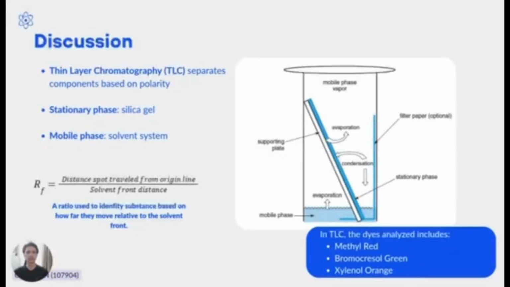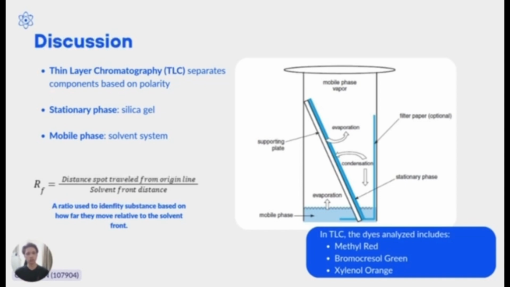For the next part, which is the discussion, thin layer chromatography, or TLC, is a method to separate components based on polarity. There are two phases: the stationary phase, which is the silica gel on top of the plate, and the mobile phase, which is the solvent system that we mixed. Retention factor, or RF, is the distance the spot traveled from the origin line over the solvent front distance.